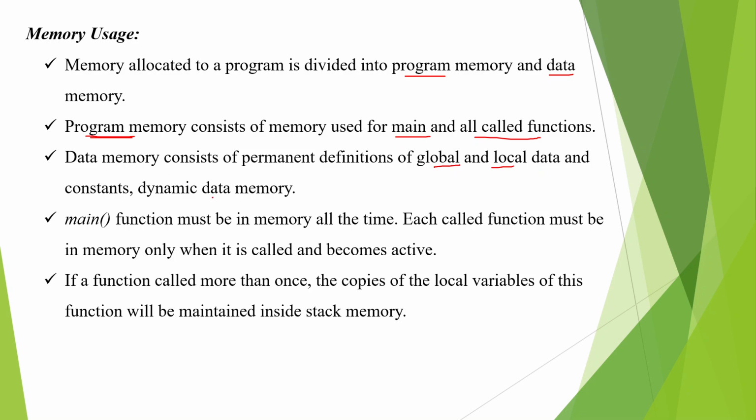And dynamic data, the data which we create at run time, from the execution screen, the output screen, also comes under the data memory only. So program memory consists of all the functions, and data memory consists of all the data.